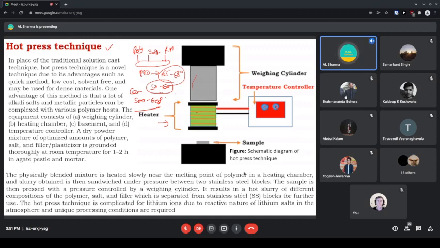It results in a hot slurry of different compositions of the polymer, salt, and filler, which is separated from the stainless steel blocks for further use. The hard press technique is complicated for lithium ion due to the reactive nature of lithium salts in the atmosphere and the unique processing conditions required in the case of lithium dependent materials.